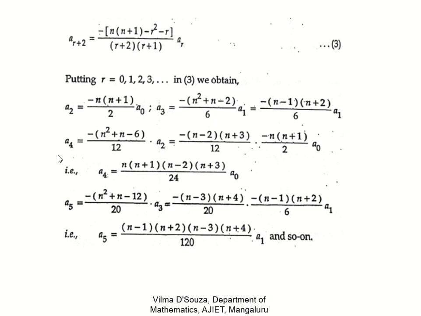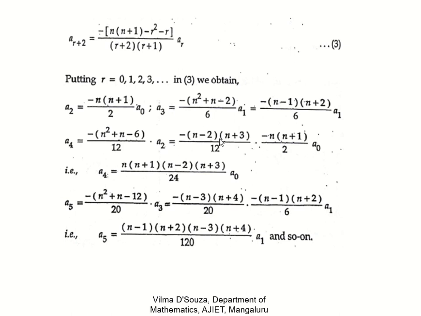Then what is a4? r equal to 2, minus n into (n plus 1), r equal to 2 will be, this will be 6, minus 6 divided by 4 into 3, that is 12 into a2, which is equal to minus of n square plus n minus 6, that is (n minus 2) into (n plus 3), right?